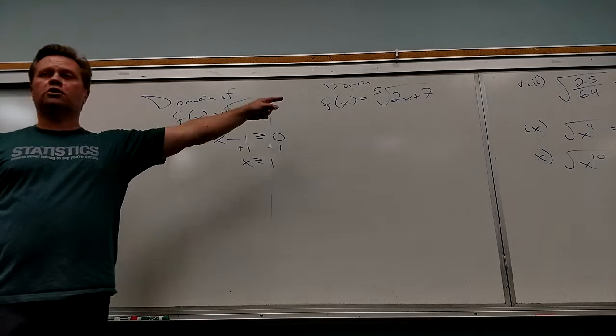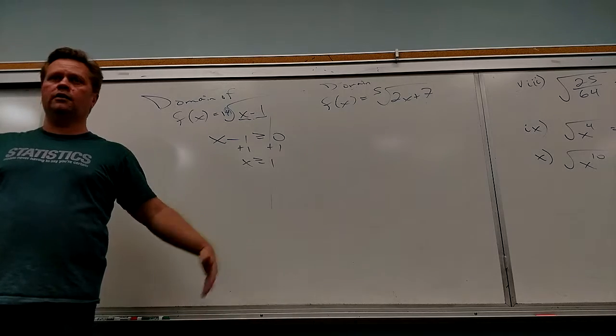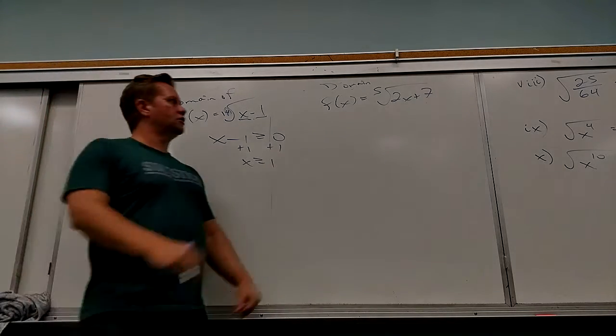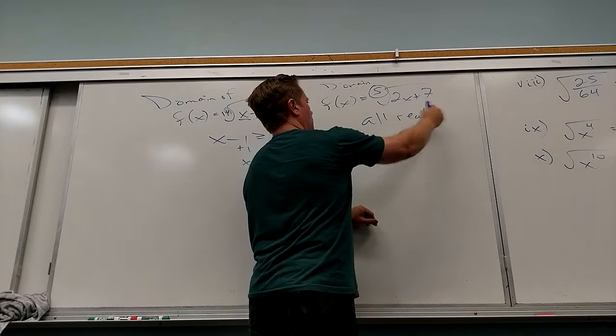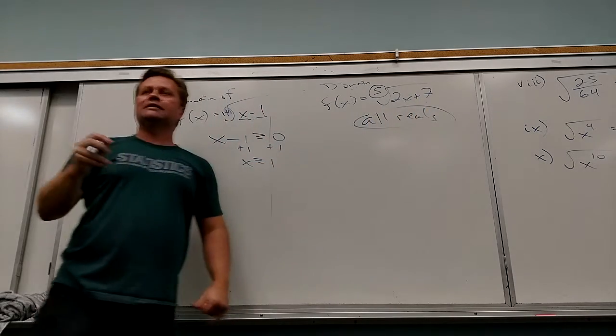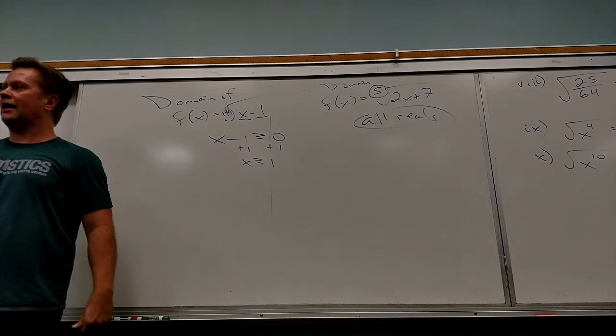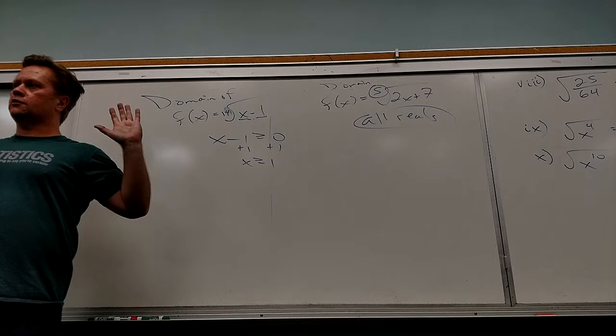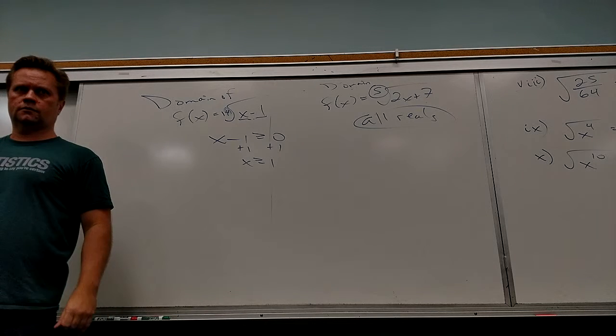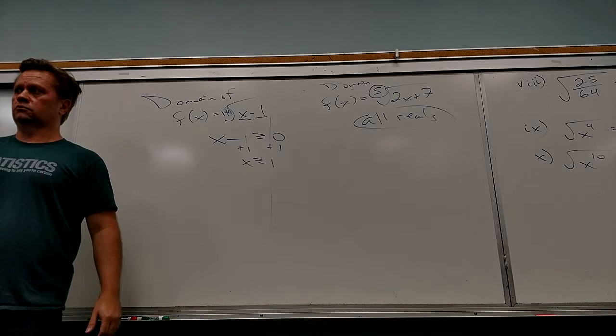Is there a restriction on what the inside can be? It could be anything, positive, negative, 0. So there's no work on these. You just put all reals, you're done. If it's an odd root, it can handle negatives and positives and 0. If it's an even root, it can only handle 0 and positive. And stay real.